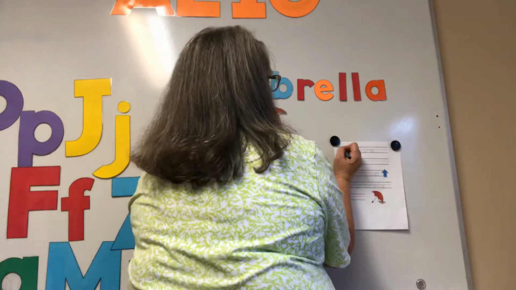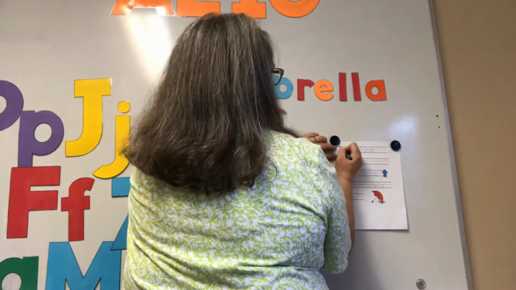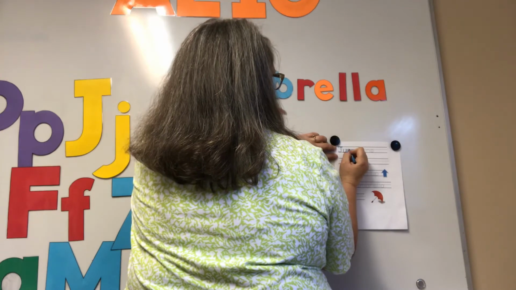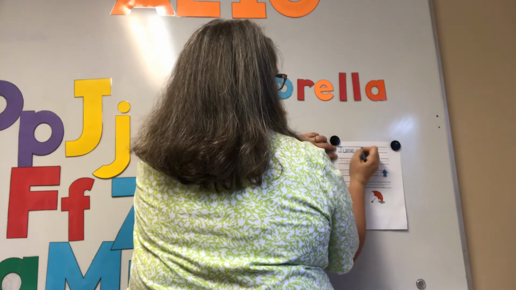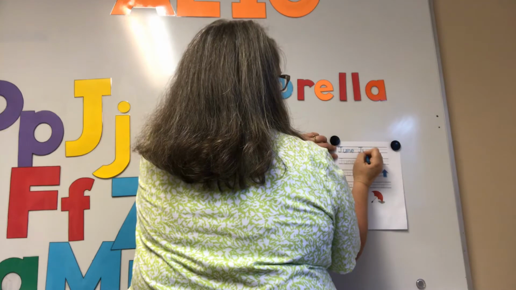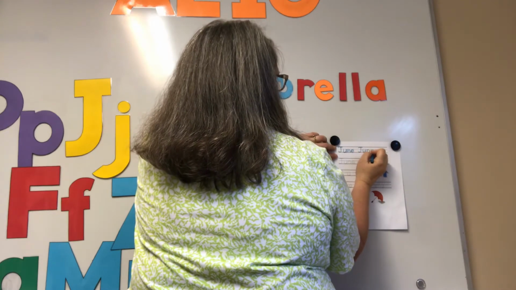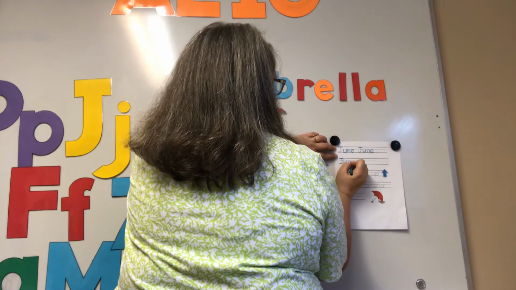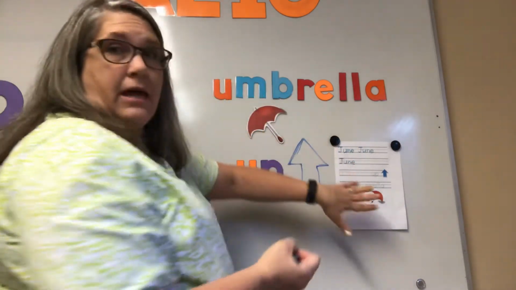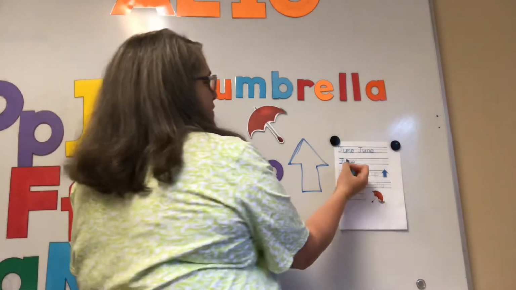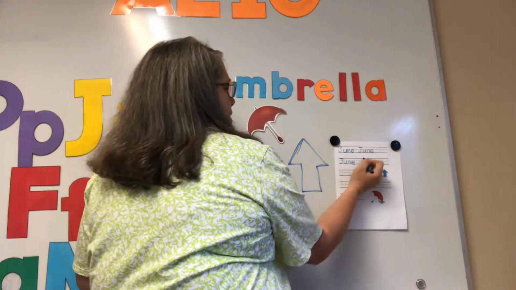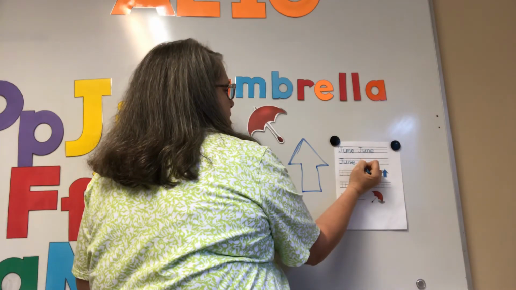So we're just going to follow the dotted lines. And here's my U, June, and again. So you always do the dots first because that helps you remember how to form the letters. Then when you do all of that, I always leave room for you to try to practice on your own. So you look at this and, okay, J goes clear from the top to the bottom, solid line.